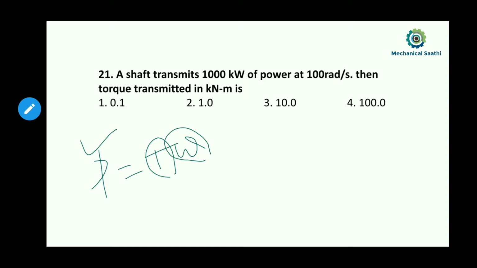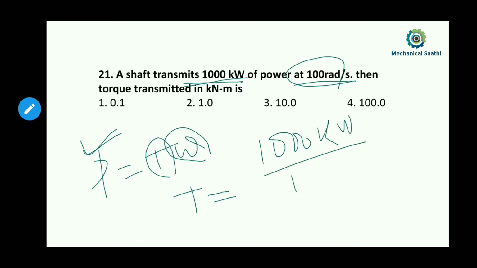So here everything is given to us. Power is given as 1000 kilowatt, and angular velocity is given as 100 radian per second, and simply we have to find out the torque transmitted. So I can write 1000 kilowatt divided by 100.